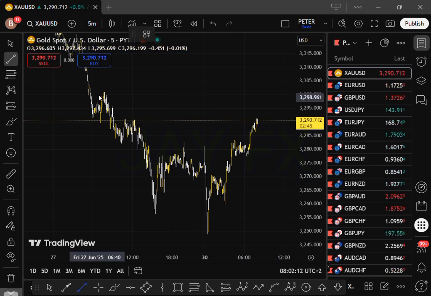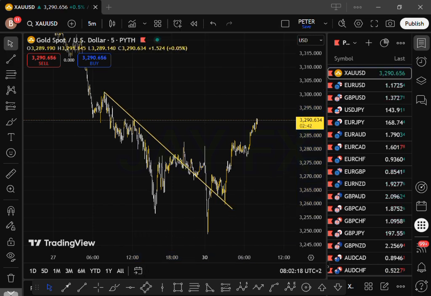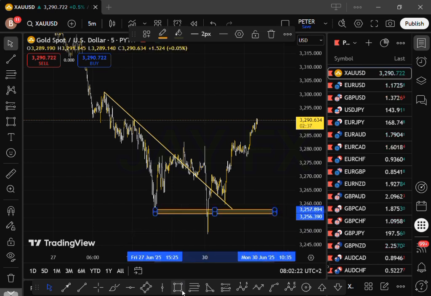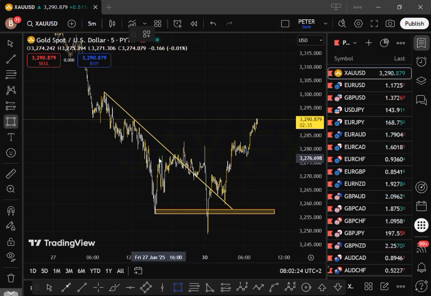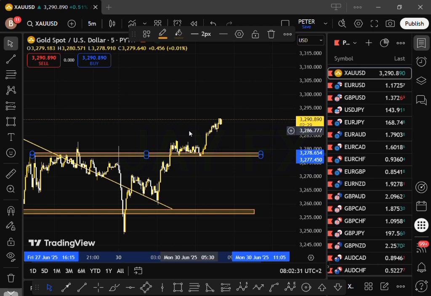If you check it from here, guys, you clearly see that this was broken a long time ago, and this was our support, and this was our resistance, which has become support right now.